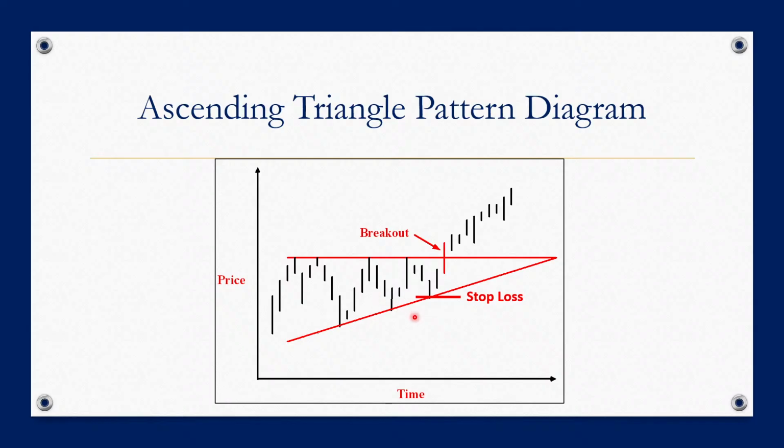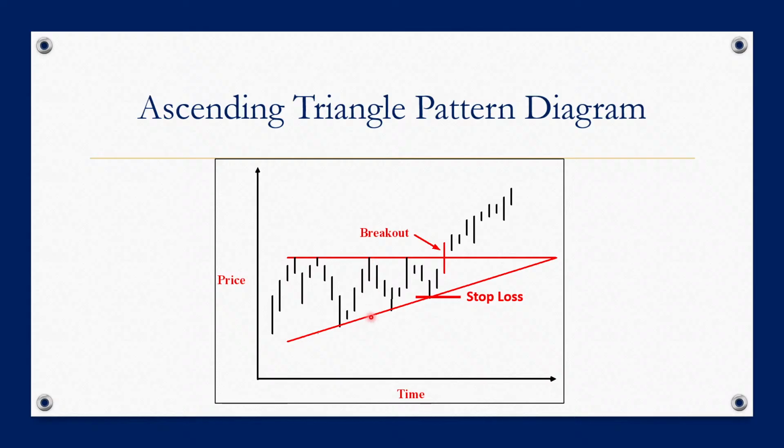There's different ways to measure it. I like to kind of split the difference. If you want to be really ambitious, you can use the fattest part of the triangle where the first higher low was put in. If you want to be really conservative and you're not looking for a huge gain, you can come back into the skinnier area of the chart. I like to go right in the middle, kind of split the difference.